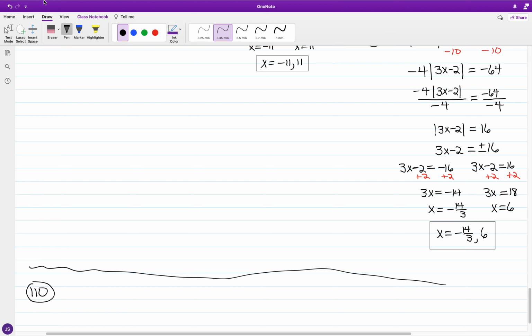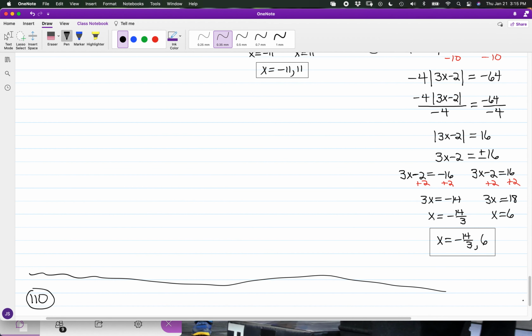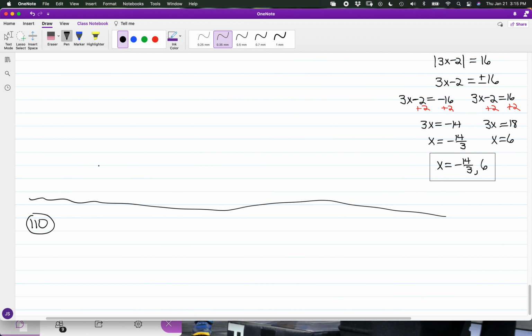So in this problem, we're looking at solving for the variable d. And this time we have the square root of d plus 4 minus the square root of 6 plus 2d is equal to negative 1.